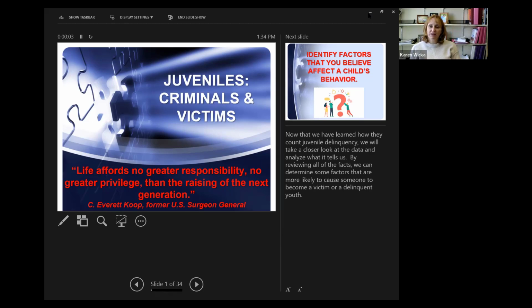Some of these factors fall under big categories. The first category is child development. We're going to talk about how children develop emotionally, physically, and psychologically, and how that can affect later delinquency. We're going to talk about social cognitive development, so brain development and social development, and moral reasoning development. So how does your brain start learning right from wrong morally?